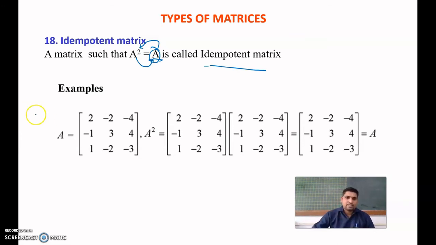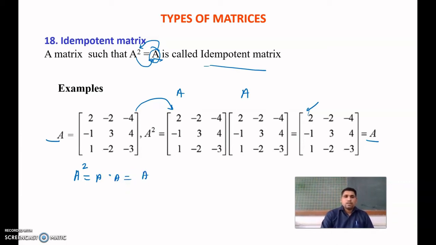So there is one example. This matrix A, we will square it, multiply the first matrix with itself, and we will get the same matrix. So that means our matrix A is an idempotent matrix. So the condition for an idempotent matrix is A square is equal to A.